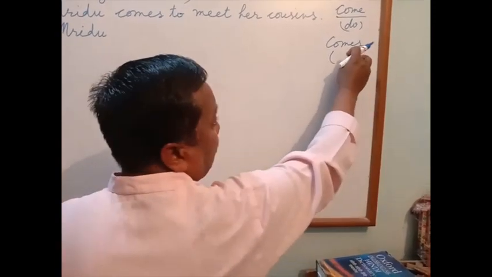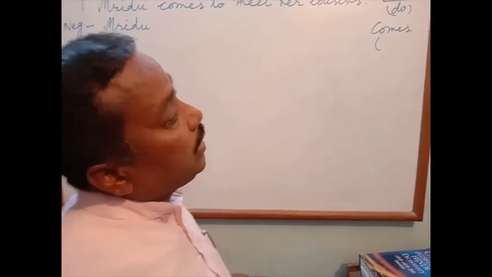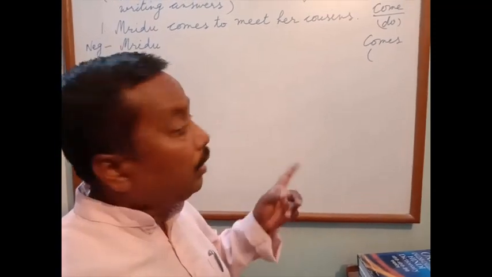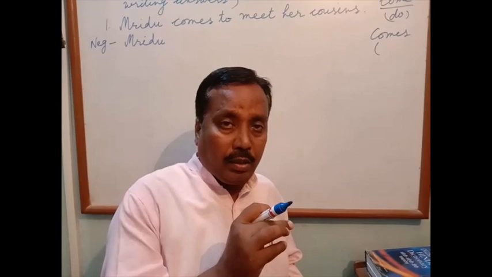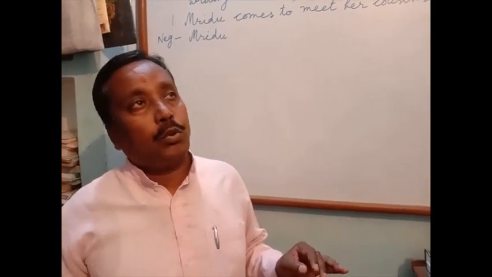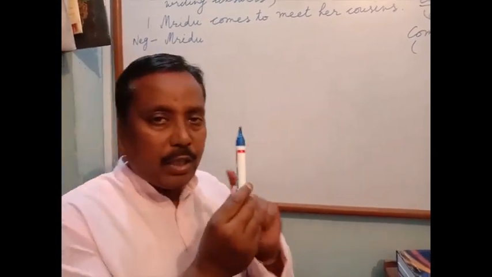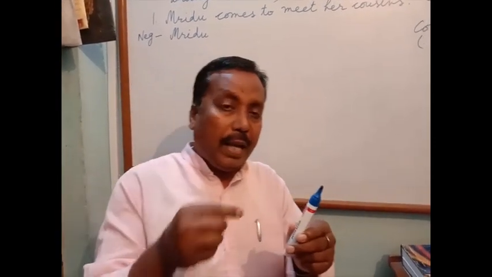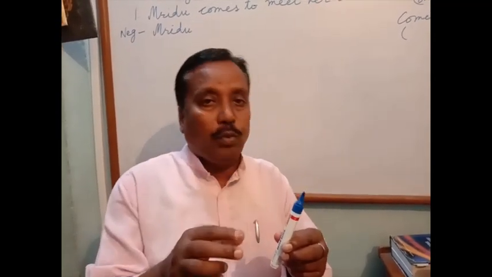then this is singular, just opposite in nature of verb and noun. In noun, what happens? If s is not there, then it is singular. Suppose pen. Pen is singular. And if we add s to pen, pens, then it is plural.